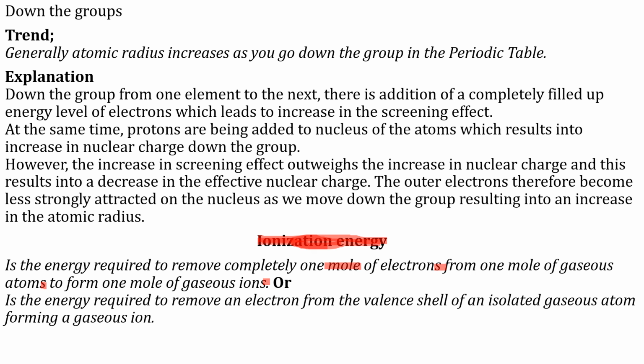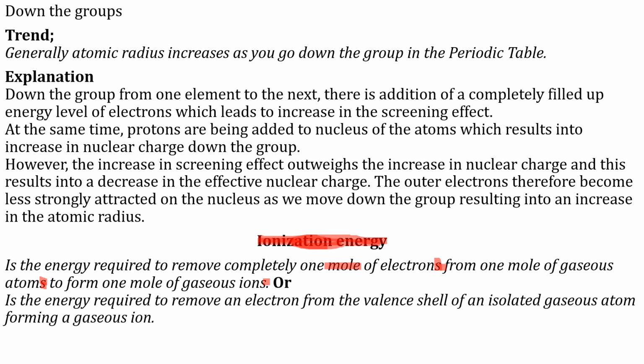Most students have a habit of combining the two. They say 1 mole of electron goes to 1 mole of gaseous atoms and it goes to 1 mole of gaseous ions. That's not true. Everything must be plural. Or simply one can define it in terms of singular.